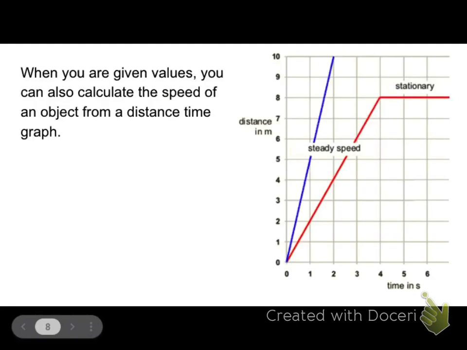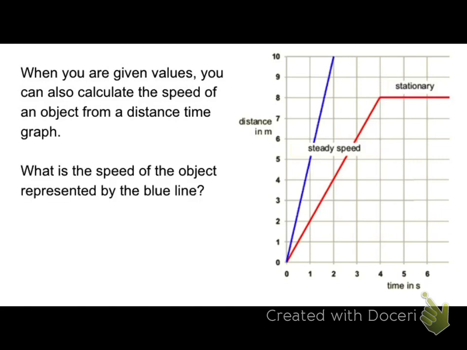If you have a distance time graph that actually has numbers on the side that indicate distance and time, you can also use this to calculate average speed. Just like we did on the previous question, we just need to find total distance and total time. So let's look at the blue line. What is the total distance the blue line person traveled?